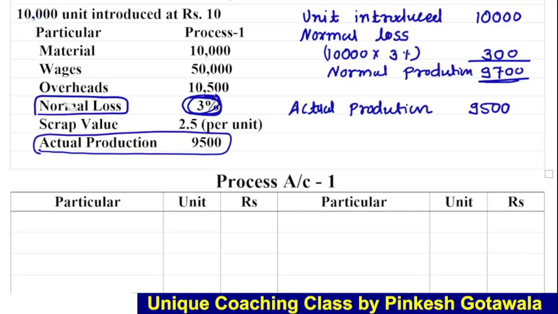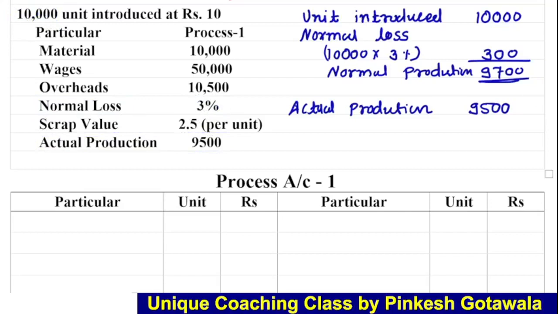Clear? એટલે કે આપણે જે પ્રોડક્શન મળવું જોઈતું હતું 9,700 મળવું જોઈએ, 10,000 માંથી 300 જો લોસ રિમૂવ કરીશું તો we must get 9,700, but we actually get only 9,500. So this difference is called abnormal loss. How much do we get? That is 200 units. Okay, clear this point?